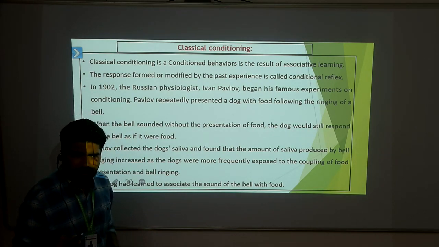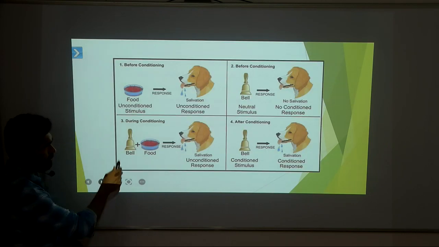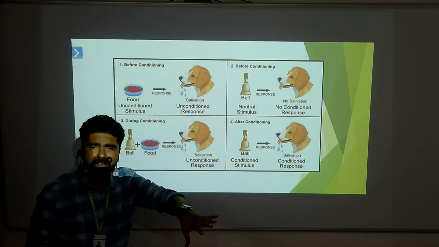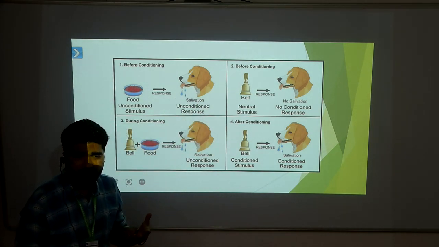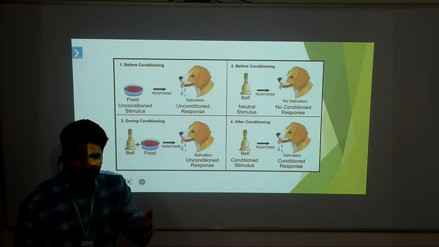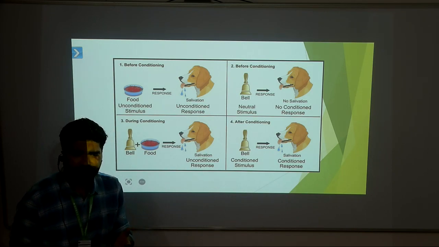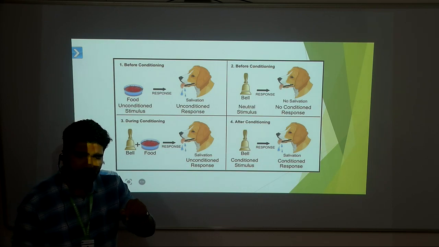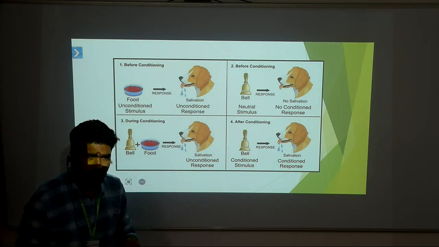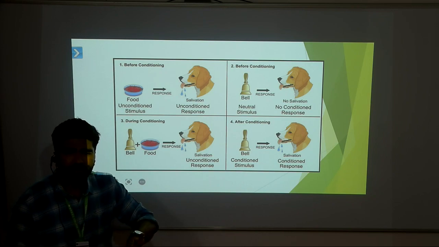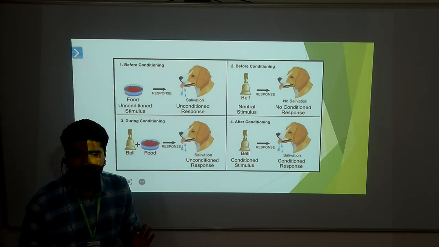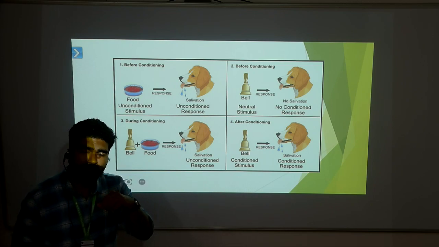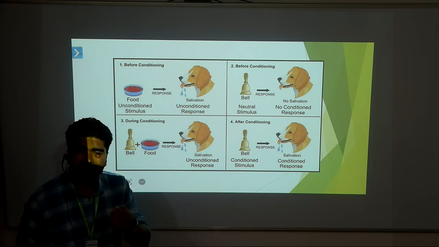In the picture, the dog is inside a cage, and the food is in front of the dog, and saliva is automatically secreted. But the scientist created a condition: the bell is rung, then the food comes toward the dog, and the dog recognizes that when the bell is rung, the food is coming. So saliva is secreted when the bell is rung.